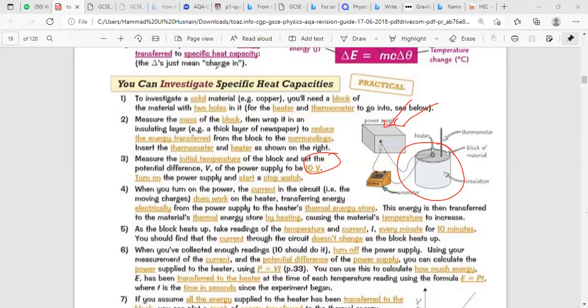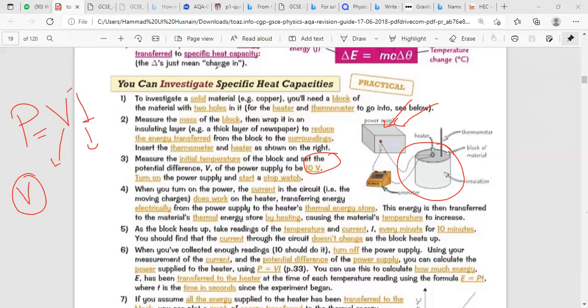Using the measurement of the current and the potential difference of the power supply, you can calculate the power supplied by the heater. Now we know that the formula for power is P equals VI. We set up the value of voltage, right? It was 10 volt. We already fixed it. We measure the values of current during this experiment for the 10 minutes.